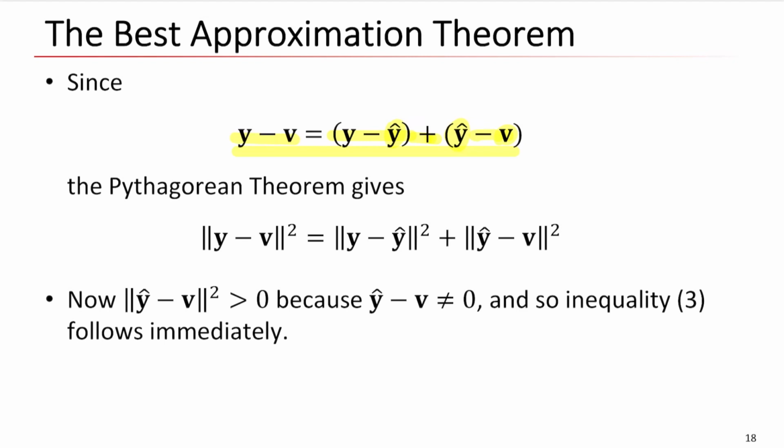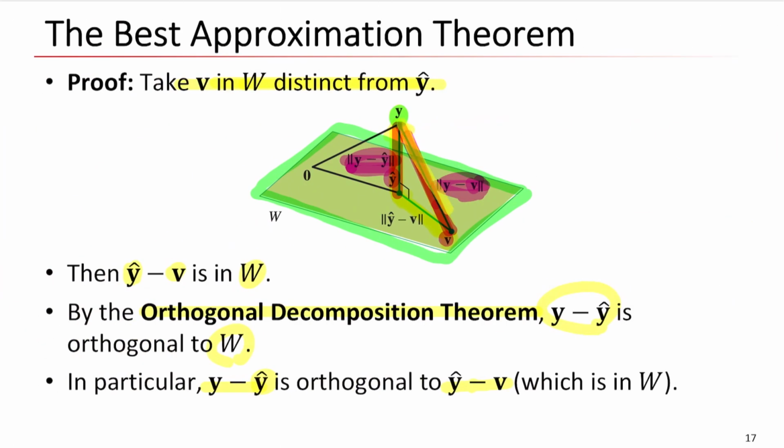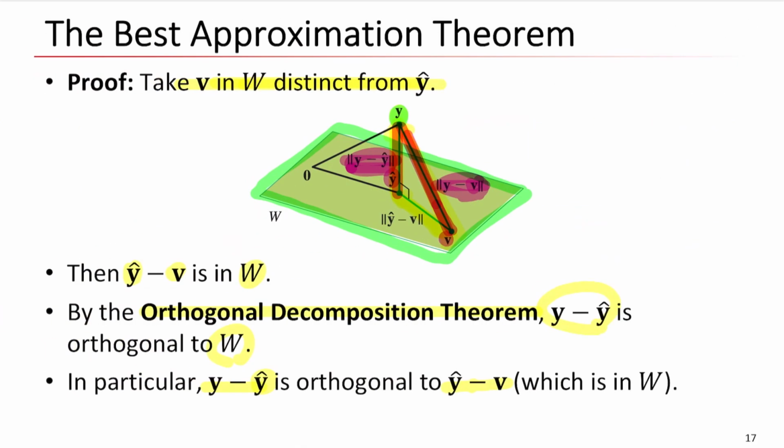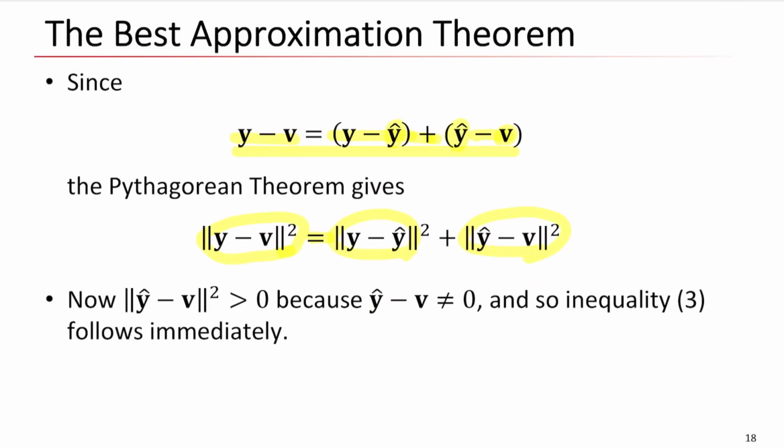And by the Pythagoras theorem, do you remember what that was? By the Pythagoras theorem, the squared length of Y minus V is equal to the squared length of Y minus Y hat plus the squared length of Y hat minus V, right? So what does it mean?